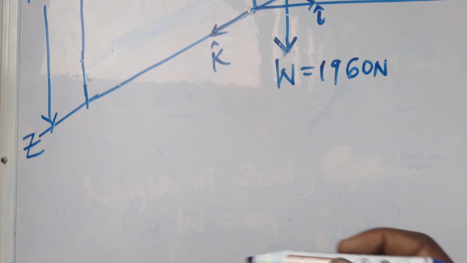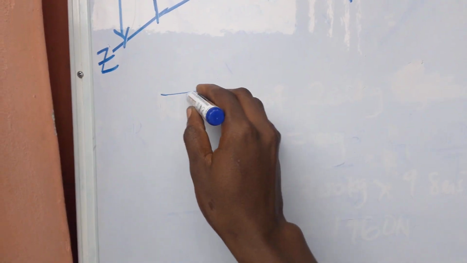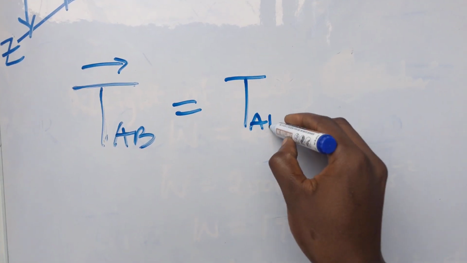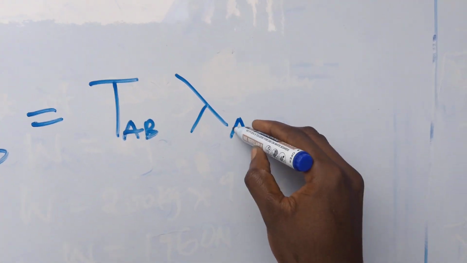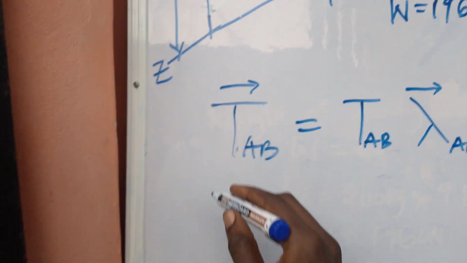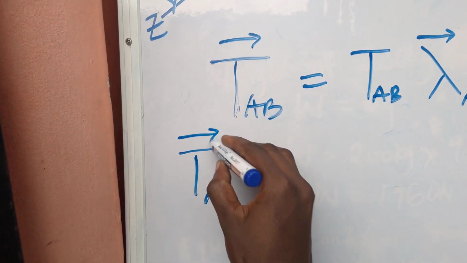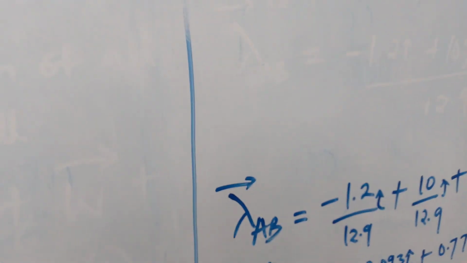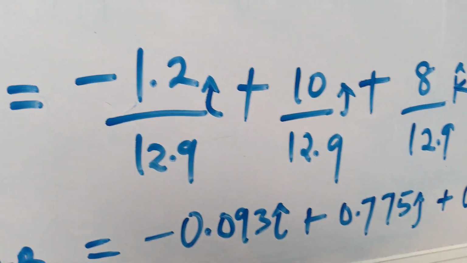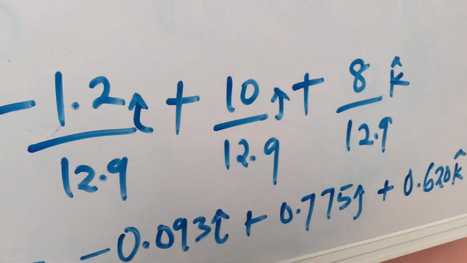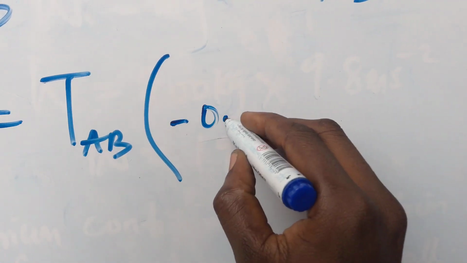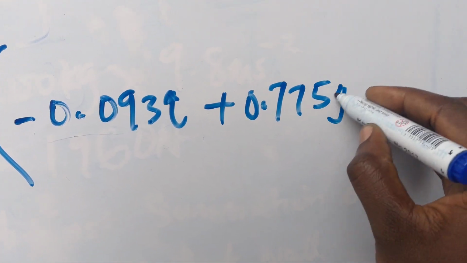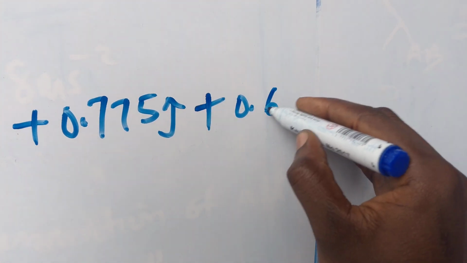We then go back to cable AB. The vector TAB equals tension AB times the unit vector lambda AB. We had the unit vector as minus 0.093i plus 0.775j plus 0.620k.